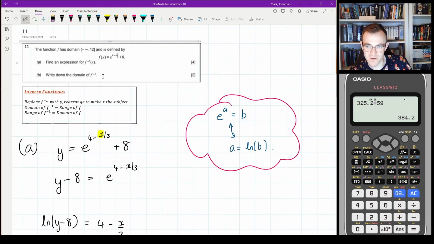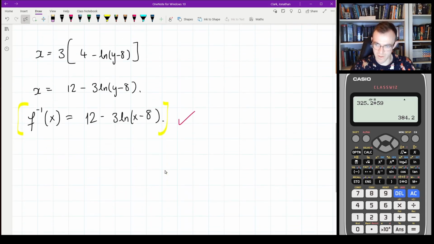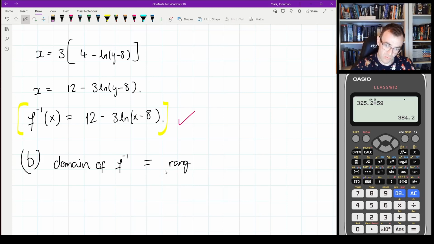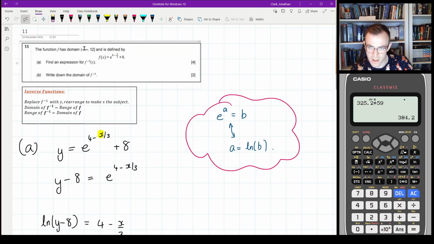What else is there to do? Write down the inverse domain. Okay, so the inverse domain is the same set as the range of the original function. So if I find the original's range, then I'll have done what I need to do.